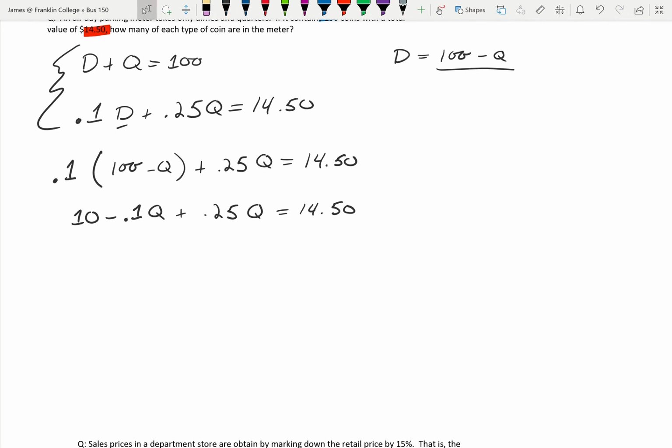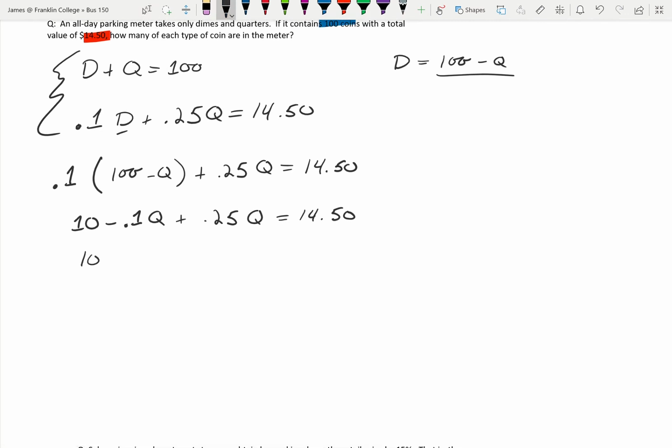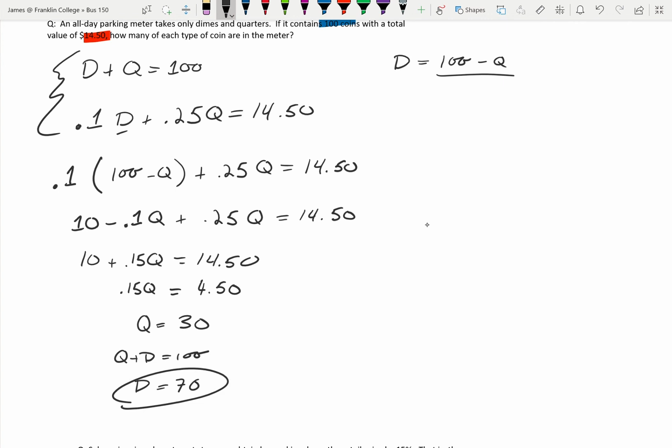Now we can combine our like terms, and we're going to get 10 plus 0.15 Q equals $14.50, or we get 0.15 Q equals $4.50. If we take $4.50 divided by 0.15, we're going to get Q equals 30. Now remember, Q plus D equals 100. If Q equals 30, that means D equals 70. So there's 30 quarters and 70 dimes.